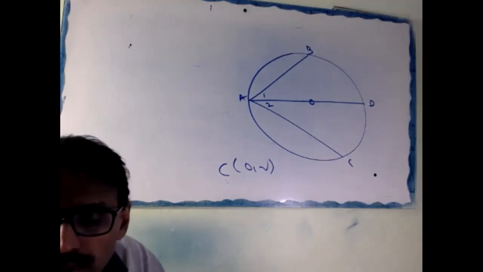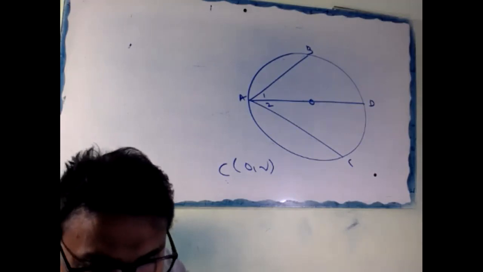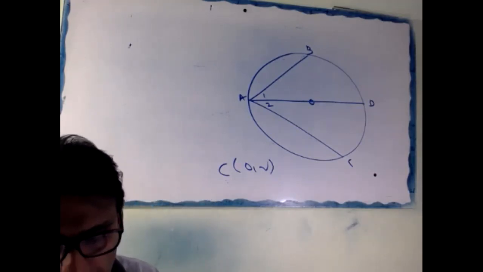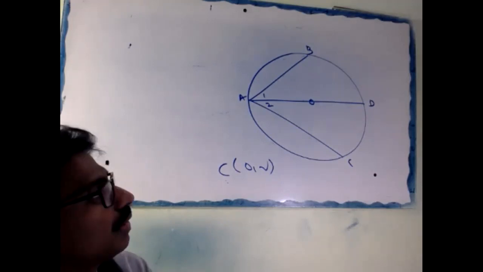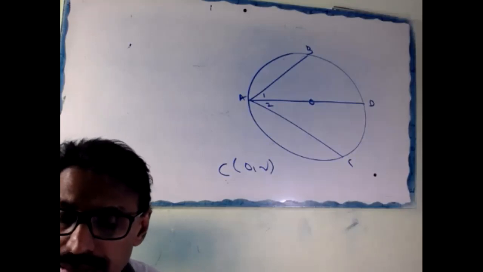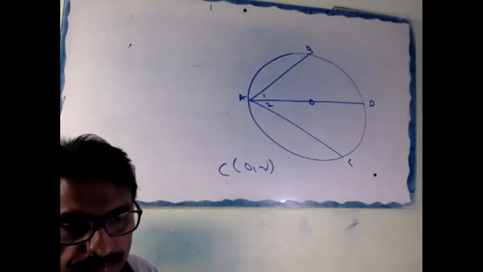So angle 1 equal to angle 2, that is given. To prove: AB equal to AC.